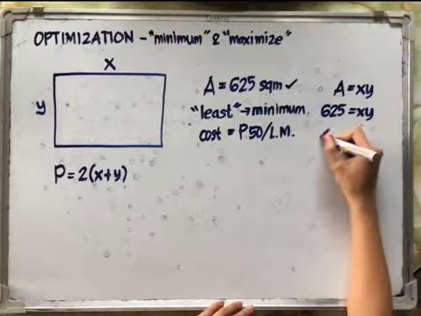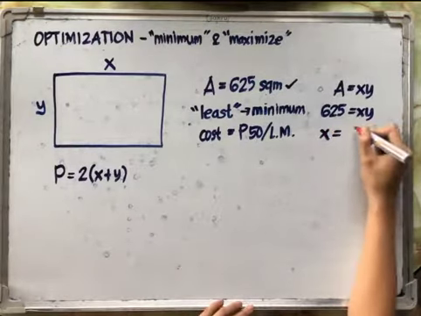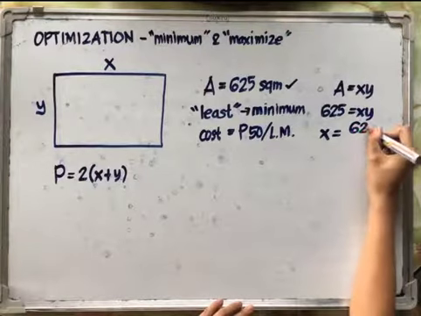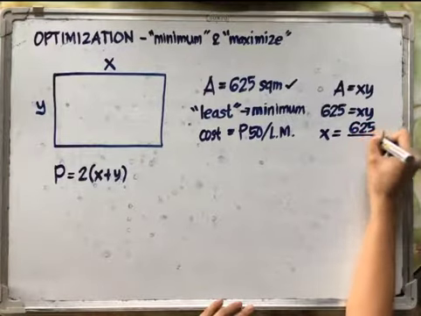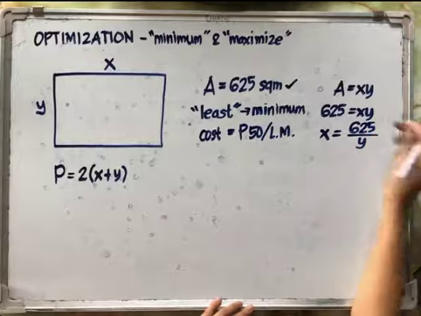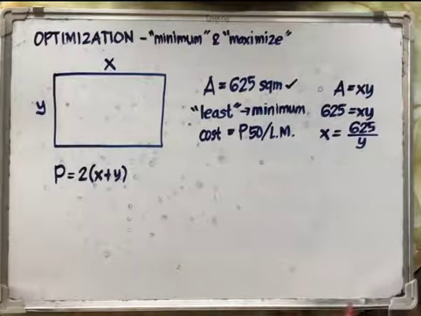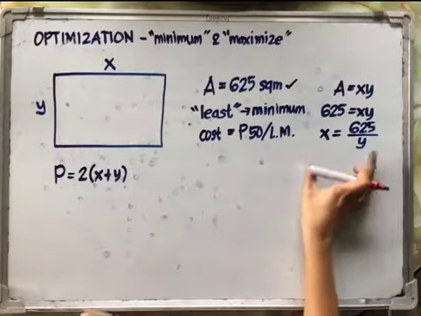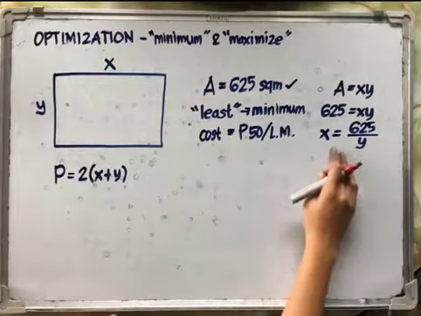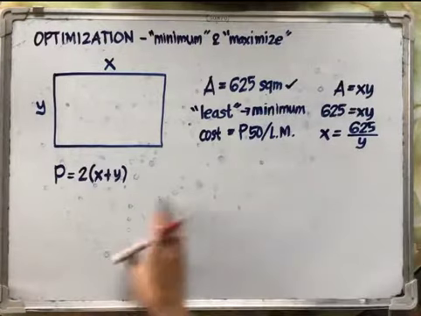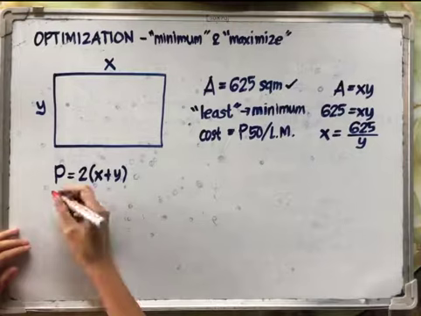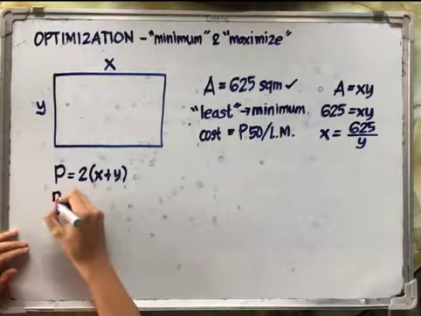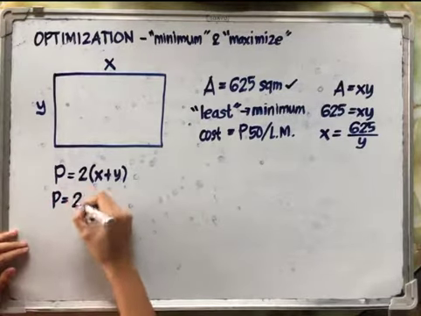Or basically, I can have x as 625 over y. Tama yun, di ba? Di-divide mo siya dyan? Okay. So, ito yung isang relationship that is step 2. And putting that here now, para ma-express natin siya into a single variable, this would be 2.